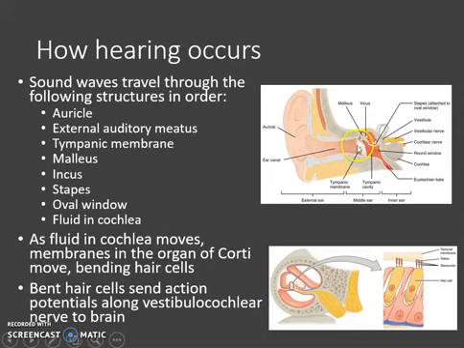As that tympanic membrane vibrates, it moves the malleus, the malleus moves the incus, and the incus moves the stapes. The stapes then pushes on the oval window, which is attached to the inner ear, and there's fluid inside the cochlea. So as that stapes is pushing on the oval window, it is transferring those vibrations to the fluid in the cochlea.